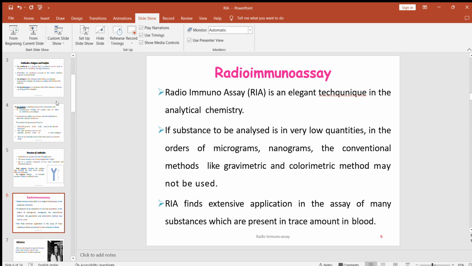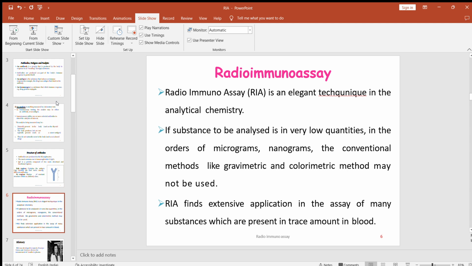Next, radioimmunoassay. Radioimmunoassay is an elegant technique in analytical chemistry. If the substance to be analyzed is in very low quantities, in the order of micrograms or nanograms, conventional methods like gravimetric and colorimetric methods may not be used.